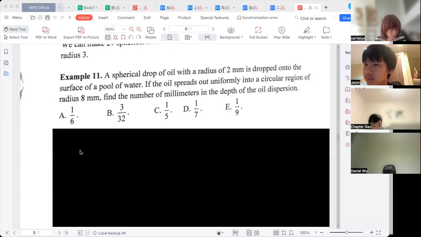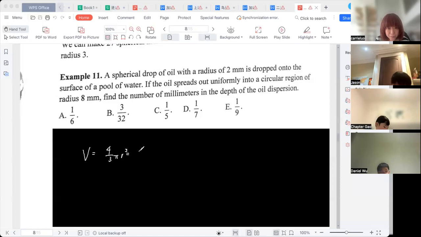Okay, so first of all, let's see. Because this is a 2 millimeter drop of oil, can we find out the volume of it? So 4 over 3 times pi times 8 equals 32 over 3 pi. Correct, everybody?